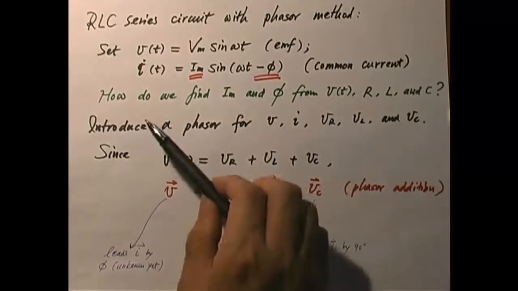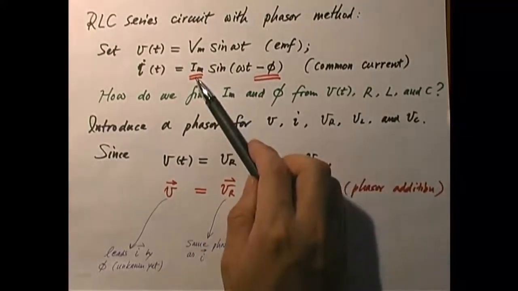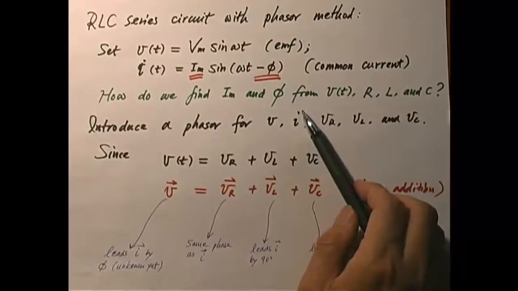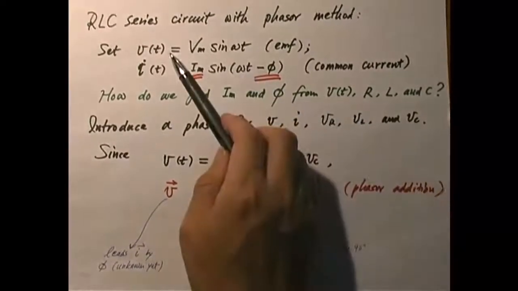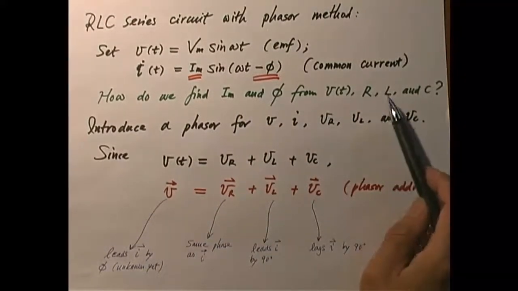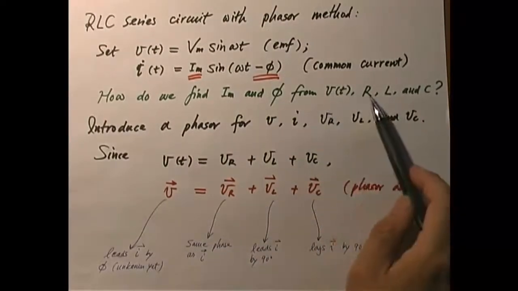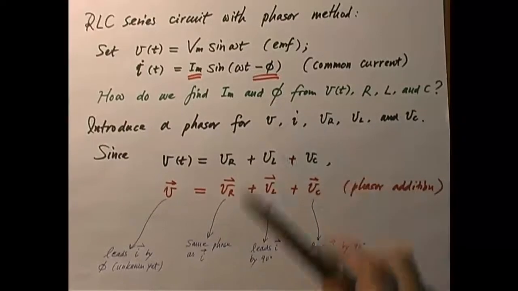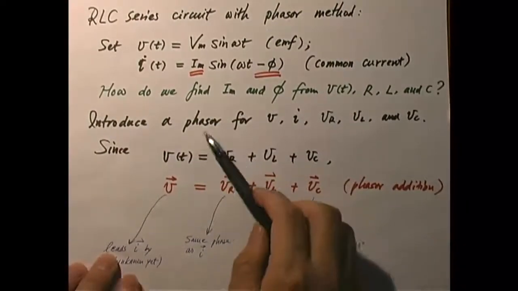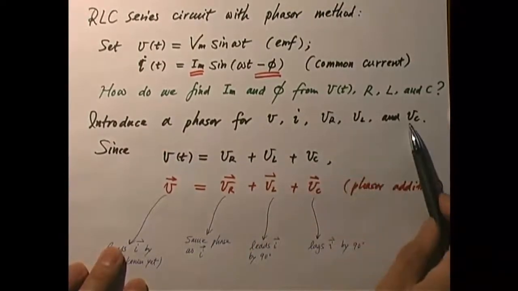The question is, how do we find the resultant amplitude of the current and the resultant phase lag between the current and the EMF from the power source and from the parameters of the circuit, such as R, L, and C? Of course, these quantities are determined by V and by R, L, and C, but how do you find them? Again, the idea is I'm going to introduce a phasor for each of these quantities, V, VR, VL, and VC.